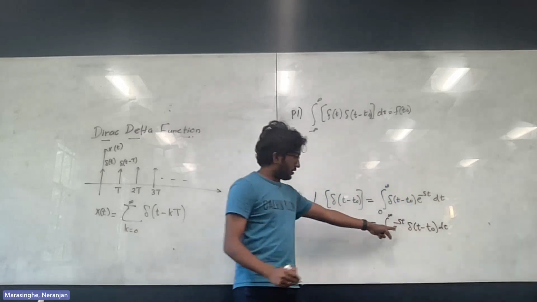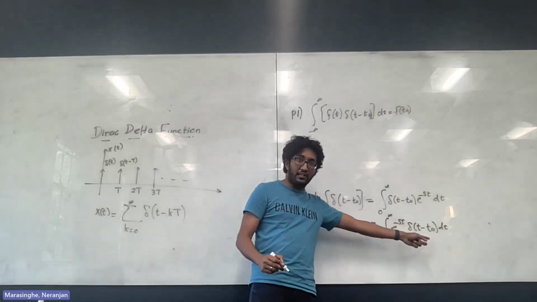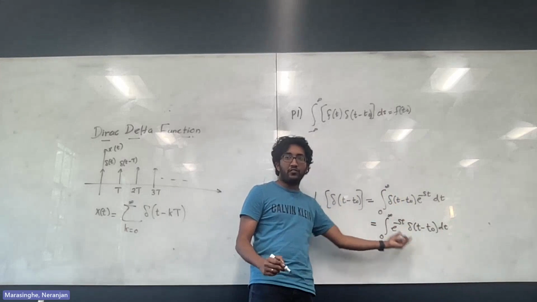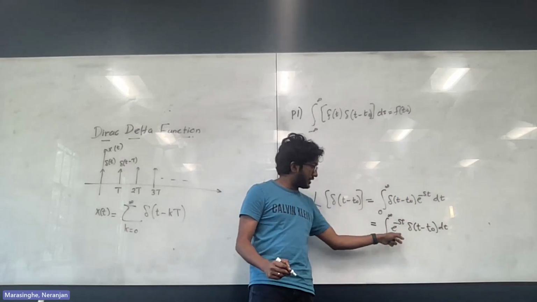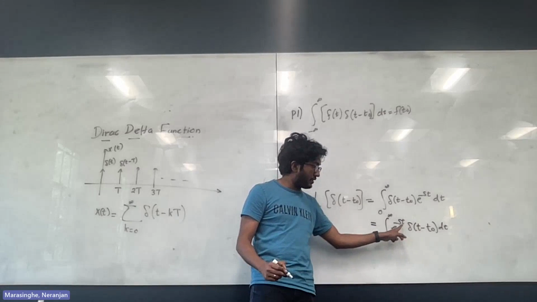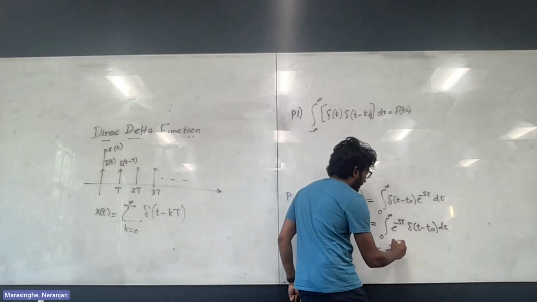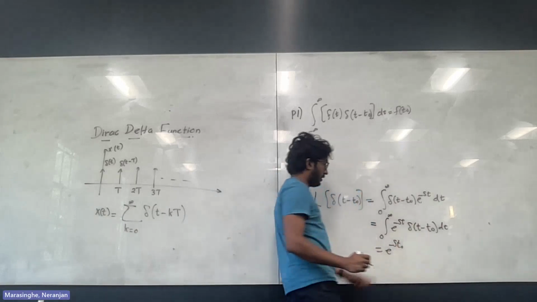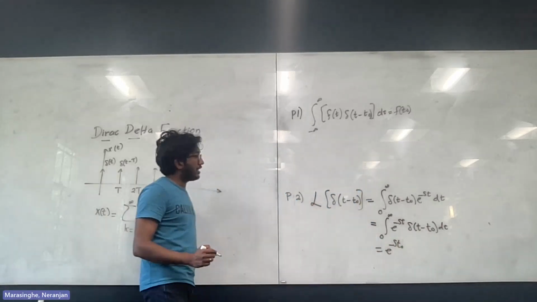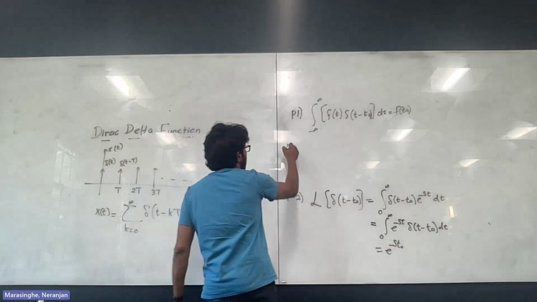If you multiply any function by delta t minus t naught, you get the function value at t naught. In this case, f(t) is e to the minus st. So if you evaluate this integral, you get e to the minus s t naught. This is the Laplace transform of delta t minus t naught.